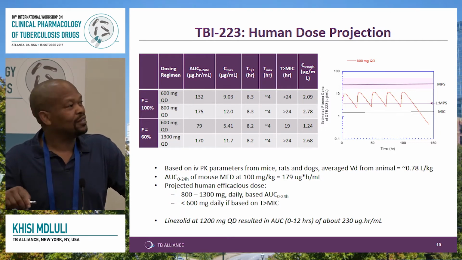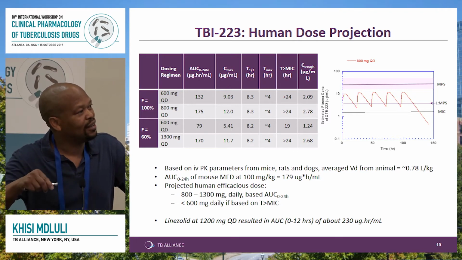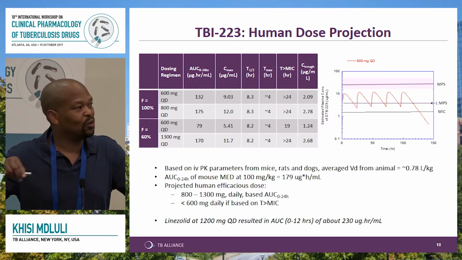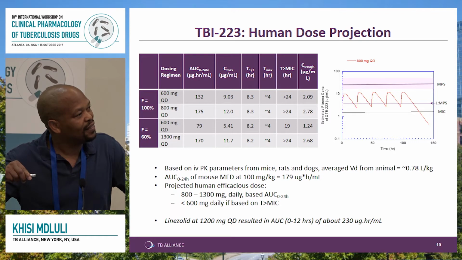But what's even more exciting is if you look at this graph here, where the MIC for this compound is down here, and the MIC for linezolid is at about the same place. For linezolid, this is where the MPS is at. And when you look at exposure with 600 mg per day for linezolid, this is what you get.